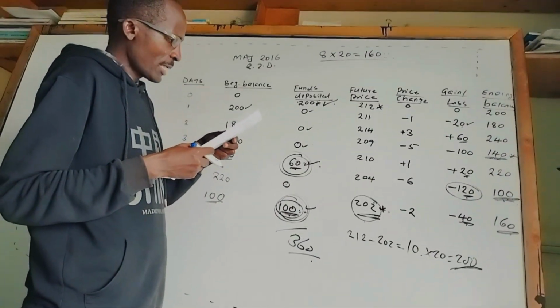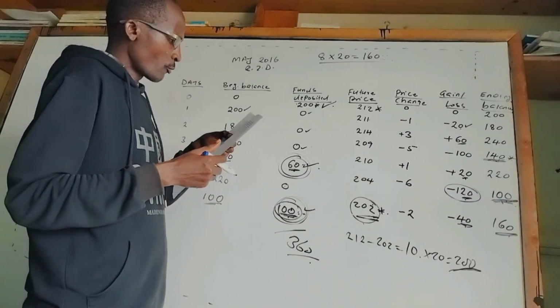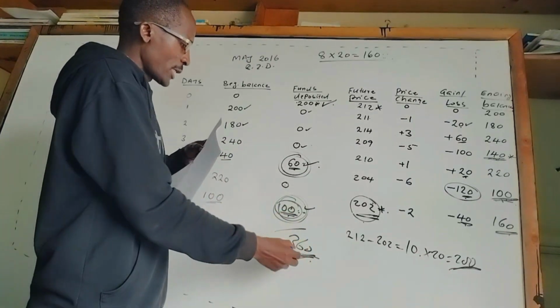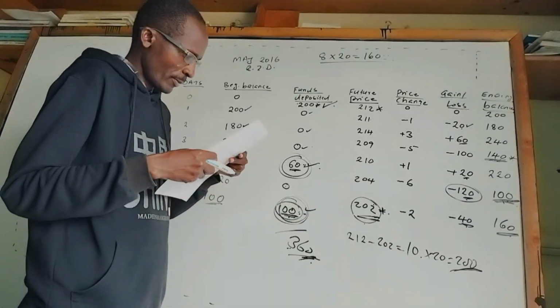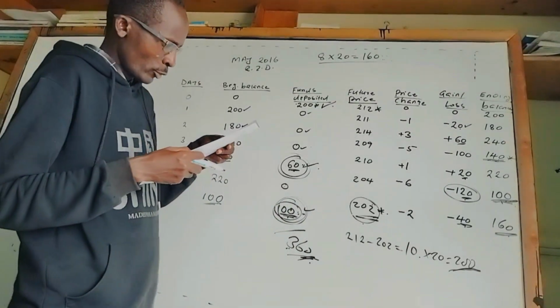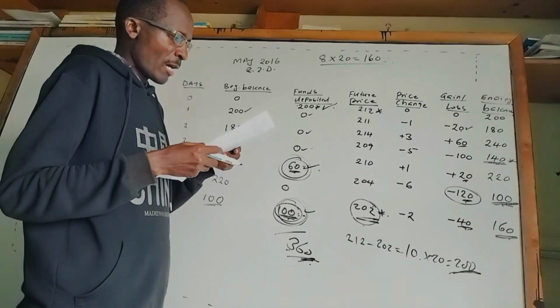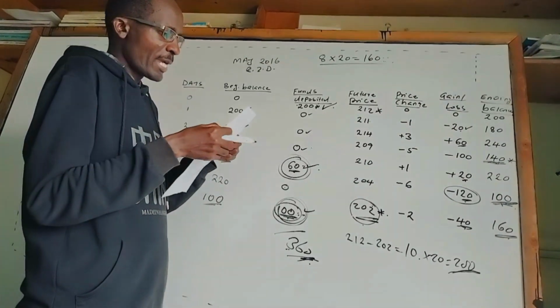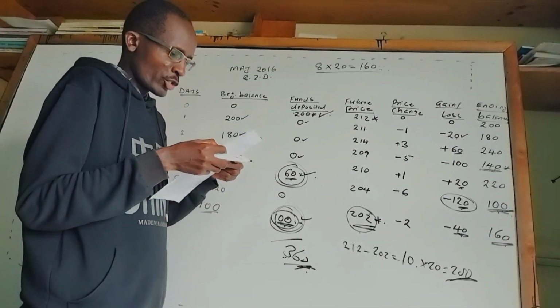Thus, you have deposited a total of $360, or shillings, whichever currency you're using, and have not withdrawn any excess margin.